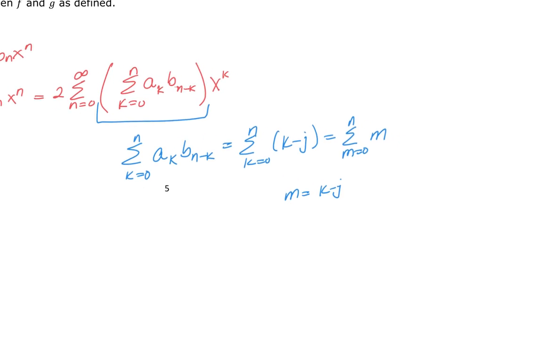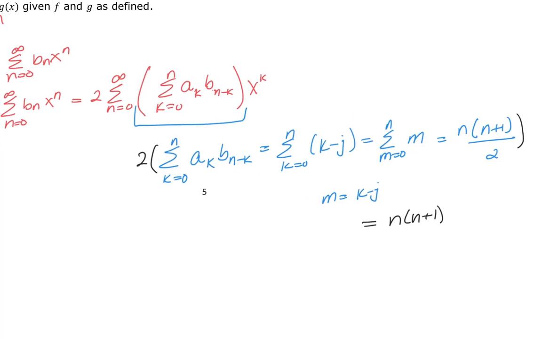And then, using the trig formula sheet, this becomes the upper limit, which is n, times n plus 1, all over 2. But this is all multiplied by 2, so then this just becomes n plus 1.